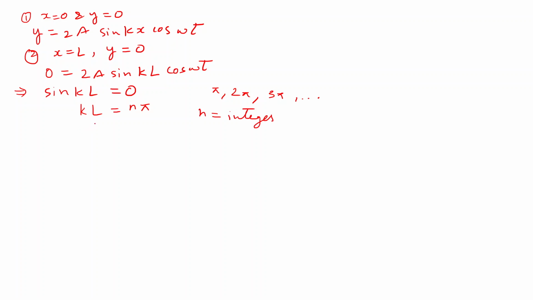So the value of L from this expression: I'll put the value of k. k is 2 pi by lambda, n pi, pi cancels. From this L will be lambda n by 2.